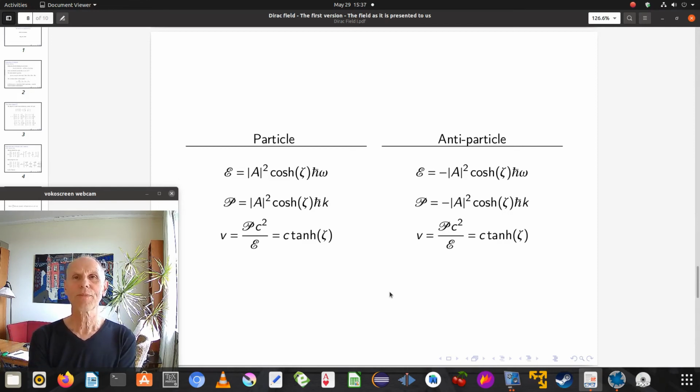The next step is to analyze the physics a little more by considering Klein's paradox.